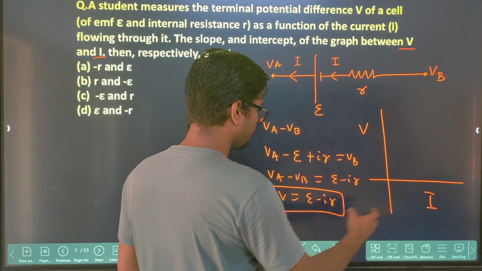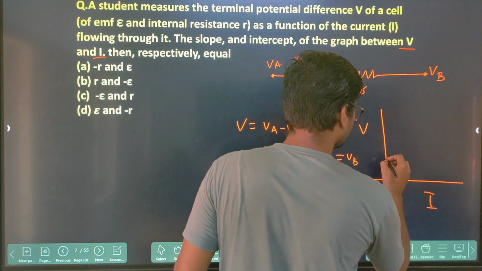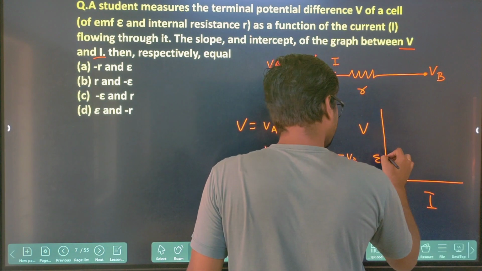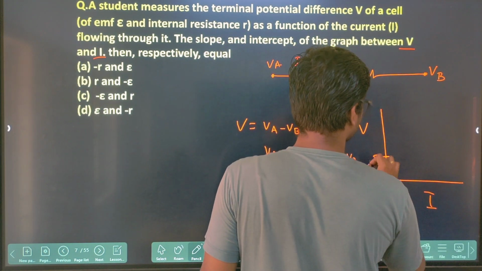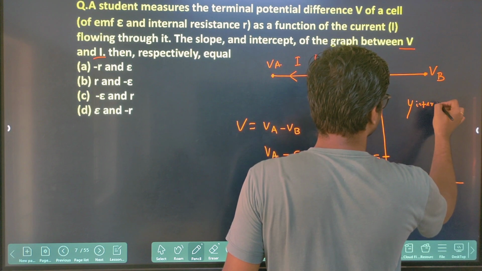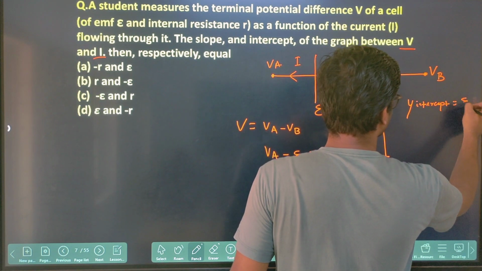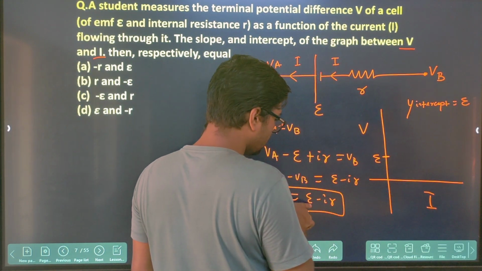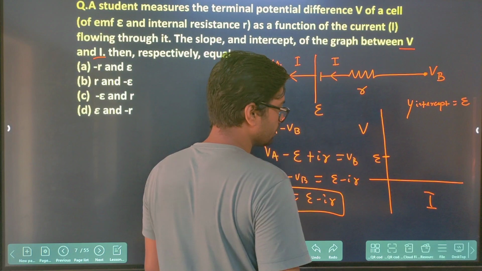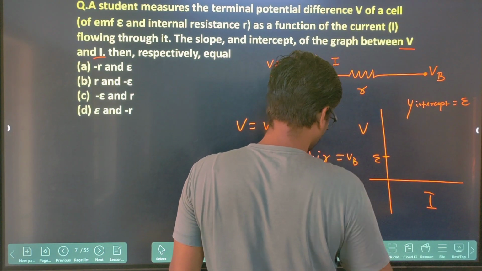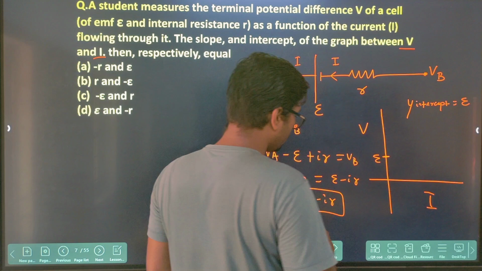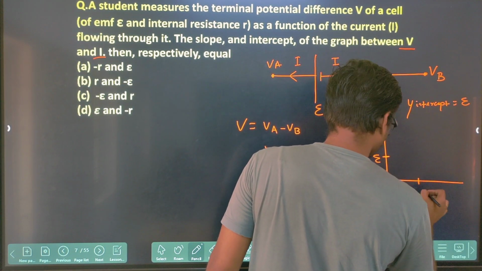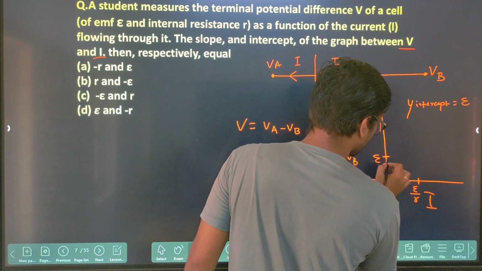When current is 0, V equals E. So the y-intercept is equal to E. Now when V equals 0, I equals E by r. So here V equals 0, I equals E by r. So connect here.